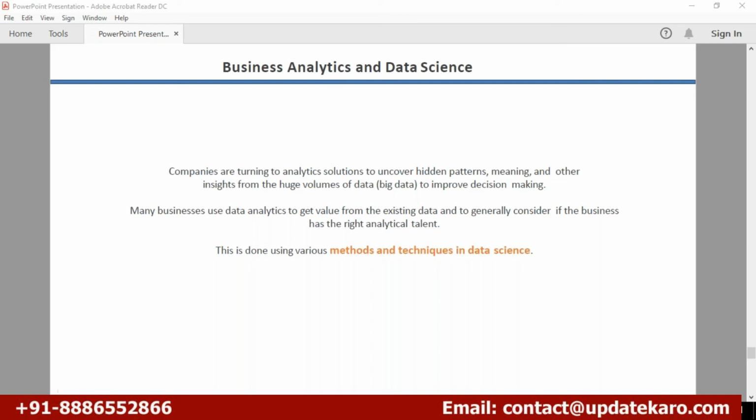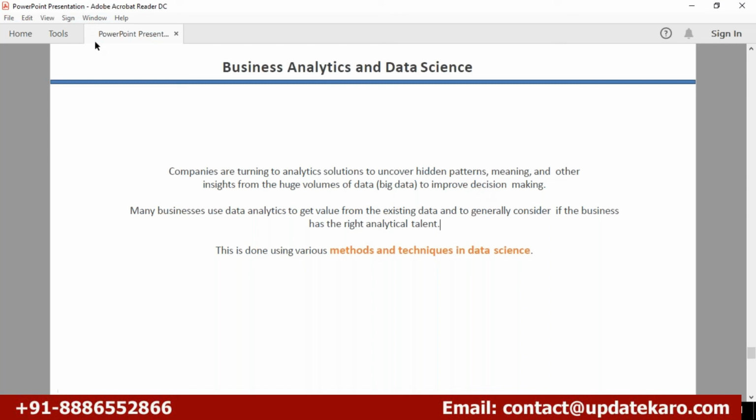So this is what data science is all about. Many businesses use analytics to get value from the existing data, and it is generally considered if the business has the right analytical talent. This is done using various methods and techniques in data science.